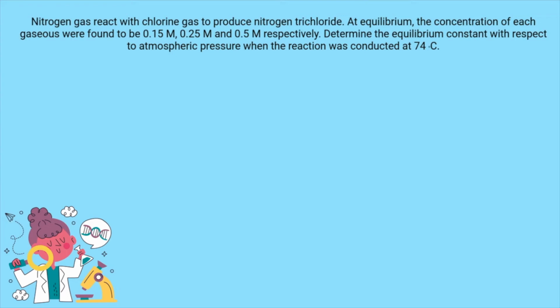So the first thing that you need to do is you need to be able to write a balanced equation for this reaction. So you have nitrogen gas, which reacts with chlorine gas, to produce nitrogen trichloride. So you need to balance this equation.